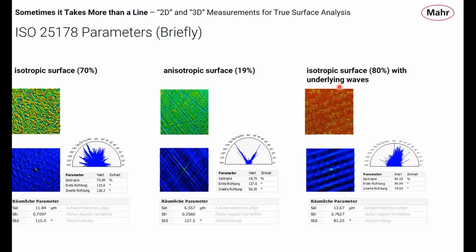So it's a very, very weak signal, first of all, and it's not perpendicular to the direction of the waves, but it's saying there's some signal here, and I really don't see it. So our qualitative impressions say, oh yeah, we're going to see a 30-degree signal, and it's going to be an anisotropic surface, but mathematically speaking, it's really not. So there's a lot to be seen in these parameters here.